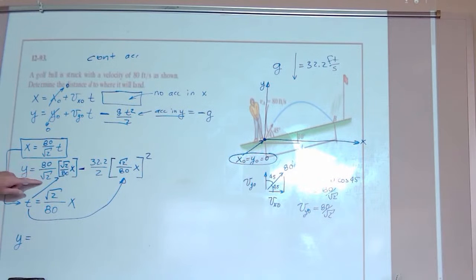Now I have that the 2 square root of 2 cancels that one, and the 80 cancels that one. I have an x left, that's kind of convenient.